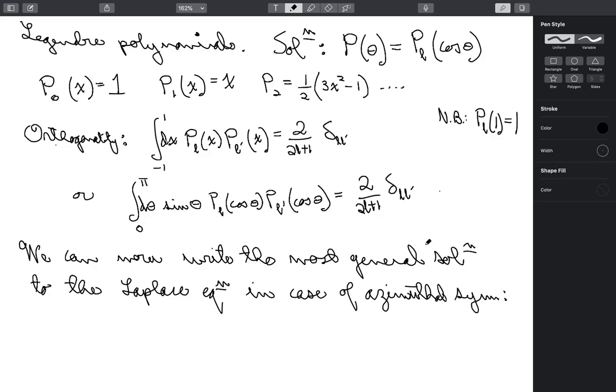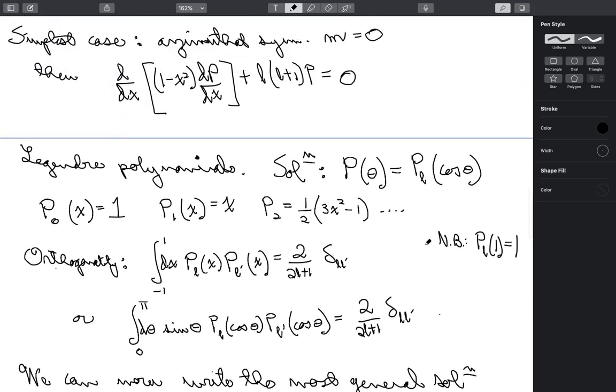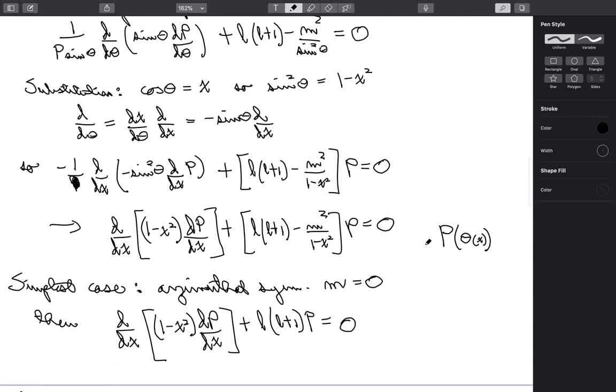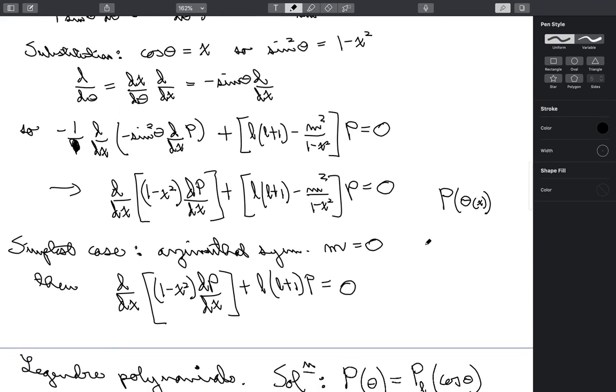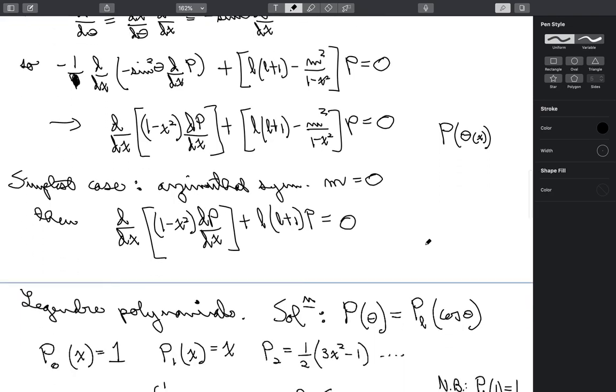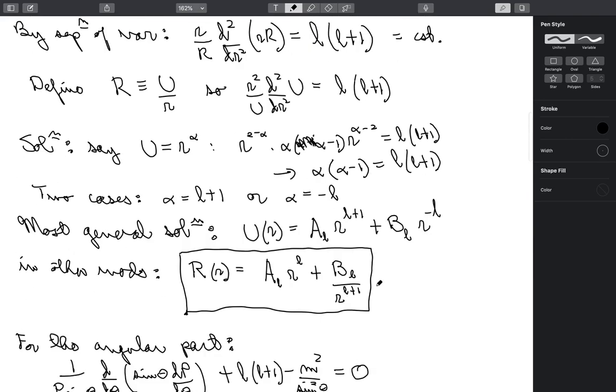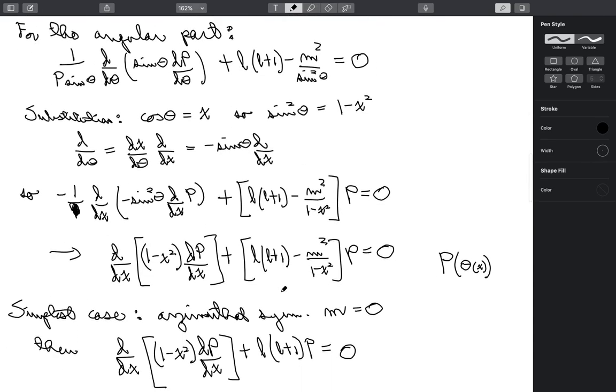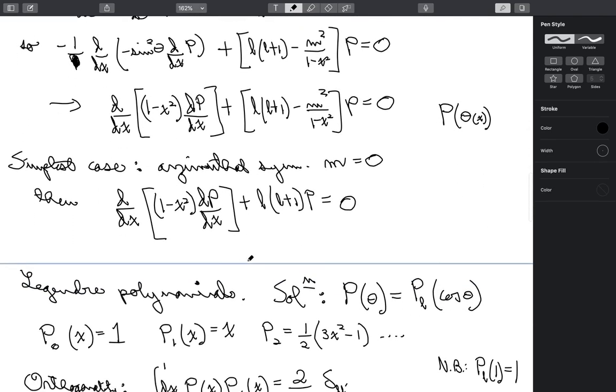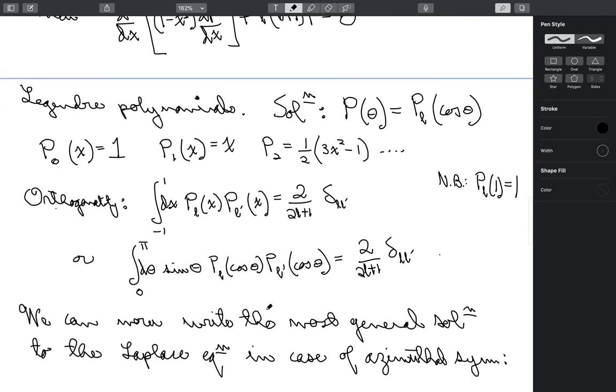So what is this? Well, it's just plugging together the various equations that we had, right? We separated variables, but the two separated variable equations have to be solved simultaneously. Therefore, if I choose a certain L for my solution for the radial part, I must use the same L in the Legendre equation for the angular part.